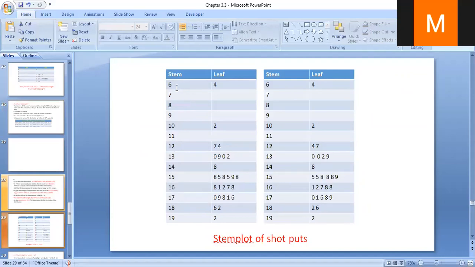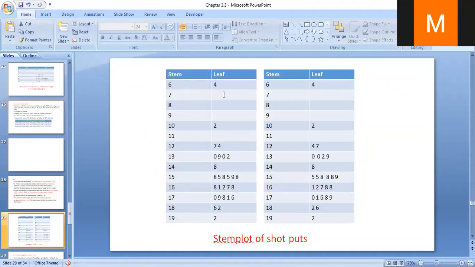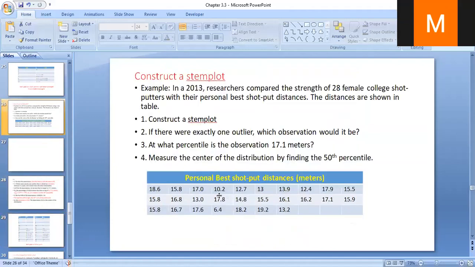The first is 6.4, right? 6.4 is small. So you start from number 6 to number 19, the big number. And then you put on this one, 6.4. You don't have 7, 8, 9, and 10.2. 10.2 here.